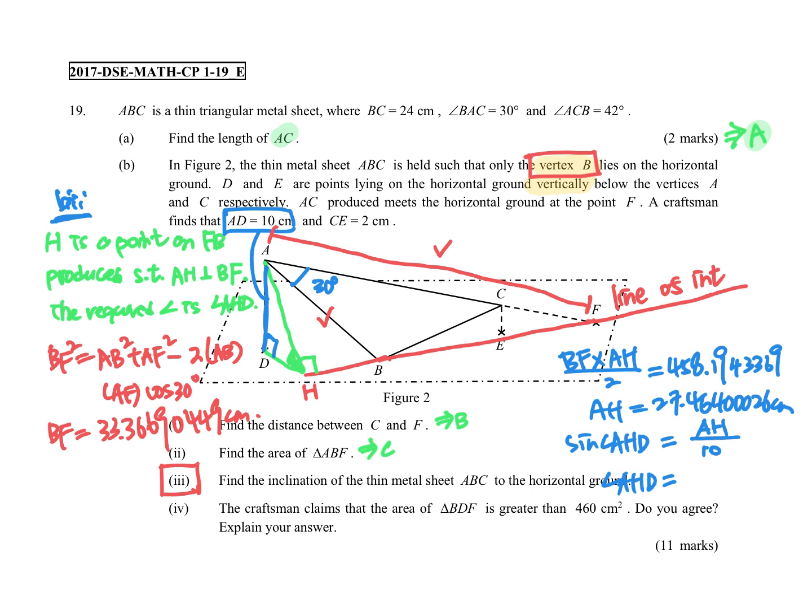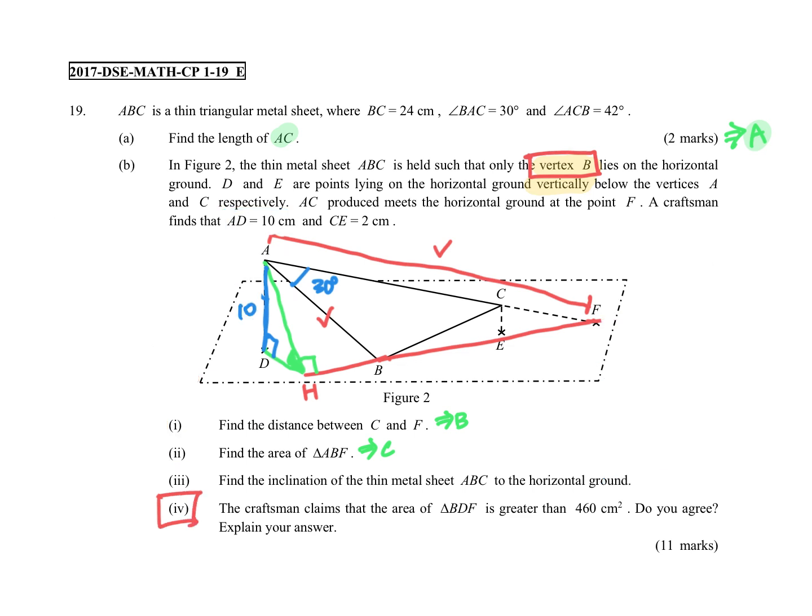Oh, swap it: 10 over AH. And that's why angle AHD, taking the inverse sine, will be 21.3 degrees, 21.4 degrees. And that will be for part B3.